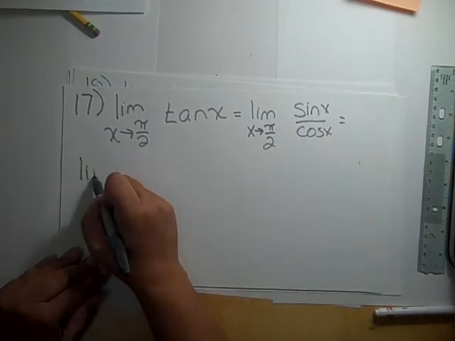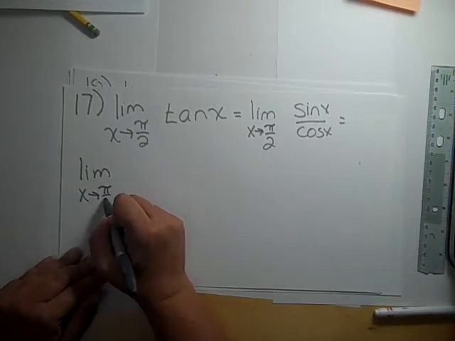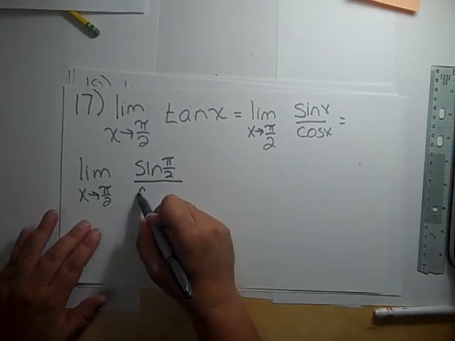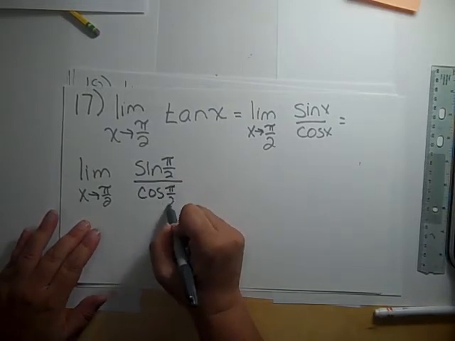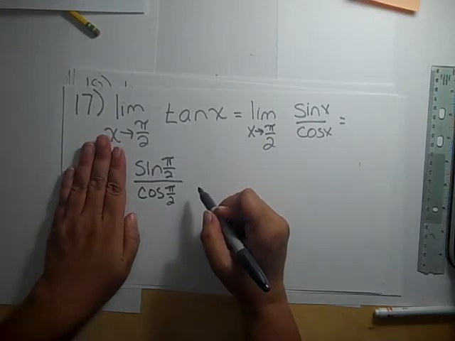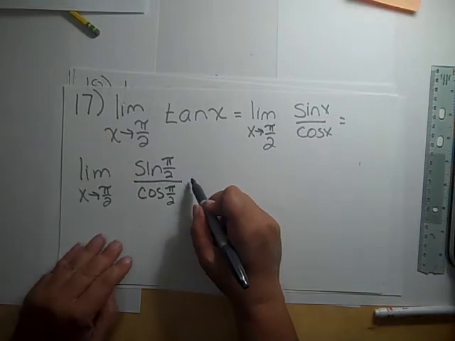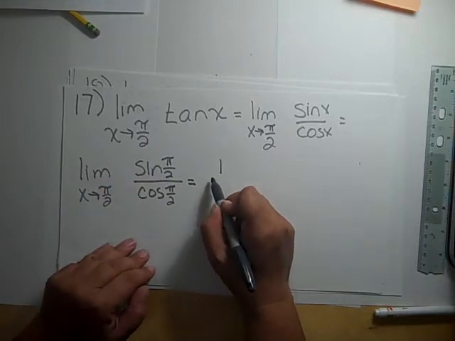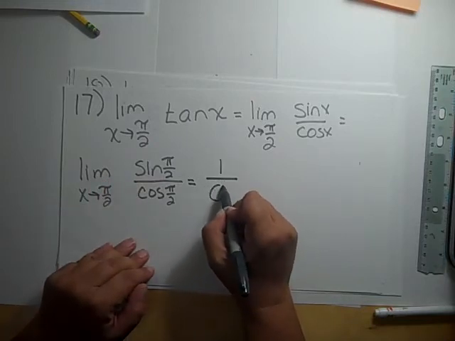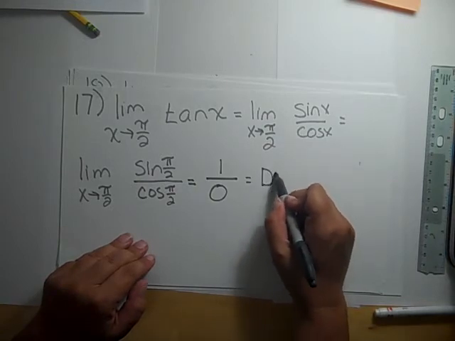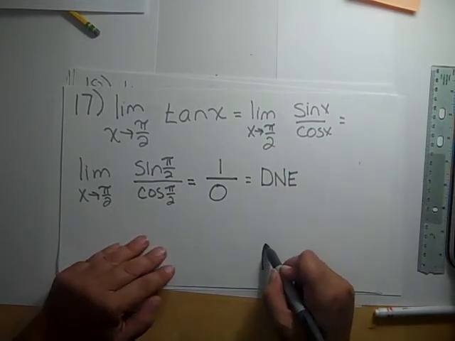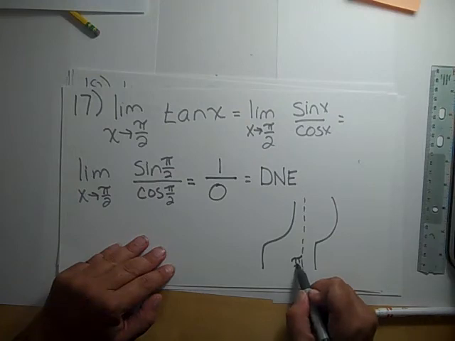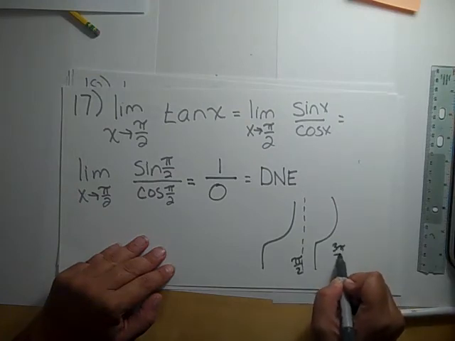That's going to equal the limit as x approaches pi over 2 of sine pi over 2, see how I'm filling this in now, over cosine pi over 2. Actually, since my x's were gone, I wouldn't necessarily have needed to rewrite the limit statement that time. So that equals, what is sine of pi over 2? Well, that is 1. What is cosine of pi over 2? Well, that is 0. Therefore, this limit does not exist. If you remember your cosine graph, it does this, right? And pi over 2 is where the asymptote is. And 3 pi over 2, and so on.